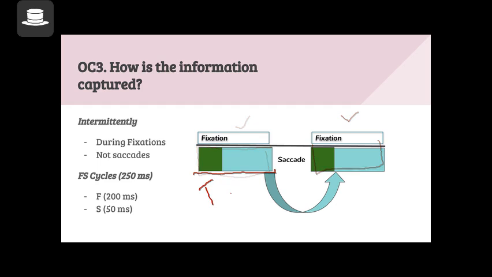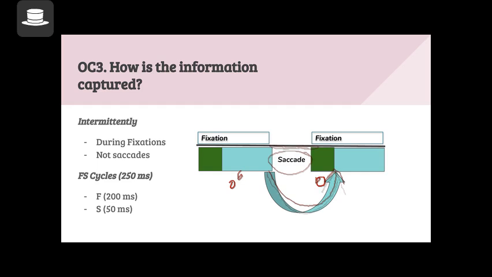So there is one fixation for 200 milliseconds, there is another fixation for 200 milliseconds. And in between fixations, your eyes move. I represented this as this empty place called a saccade, a quick eye movement, so that you go from one fixation to another fixation. You go from one word to another word.